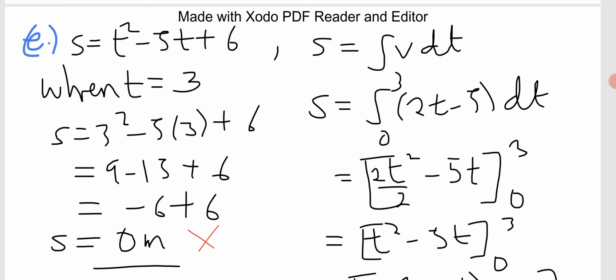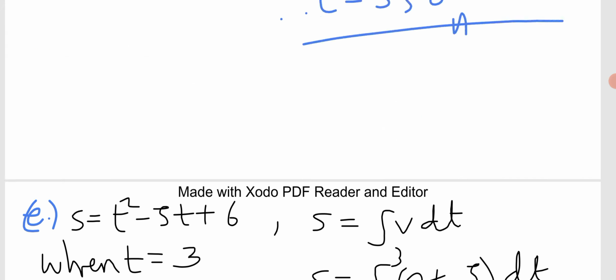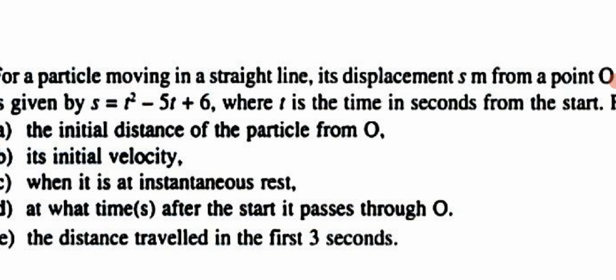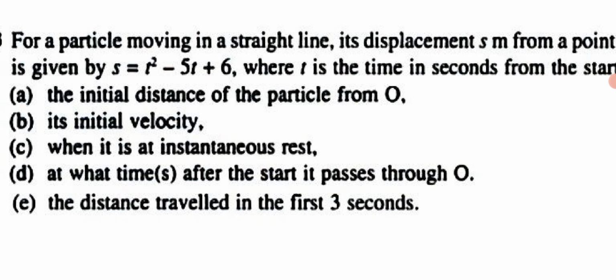And in the previous video, the video was cut short because I wanted us to actually think about what I said. As you can see, we ended on question E, which reads, they wanted us to find the distance traveled in the first 3 seconds for this particle given that displacement function.